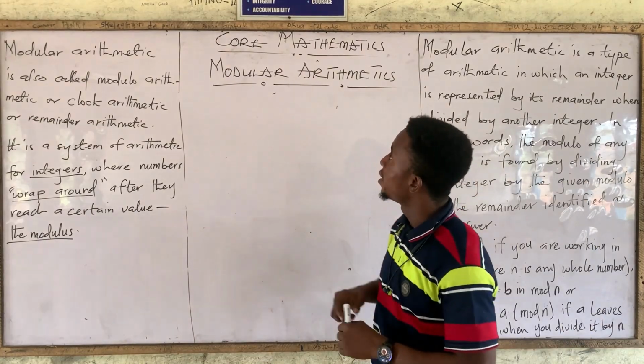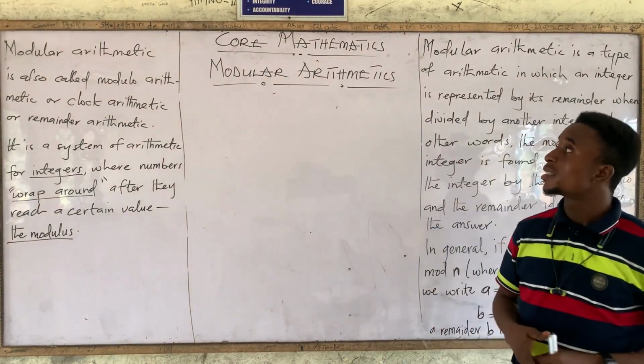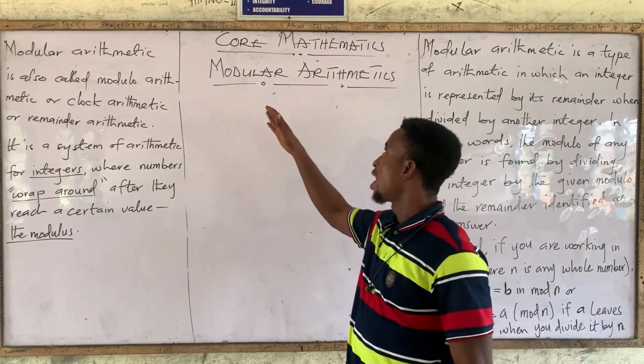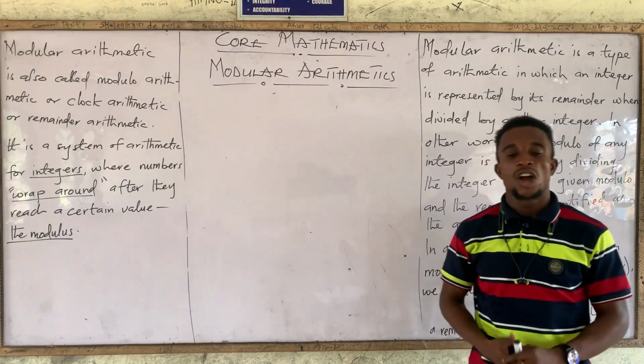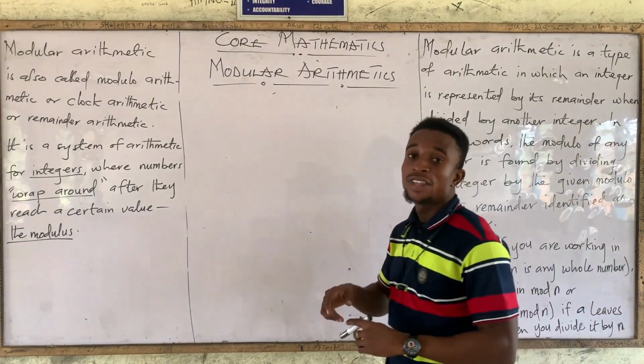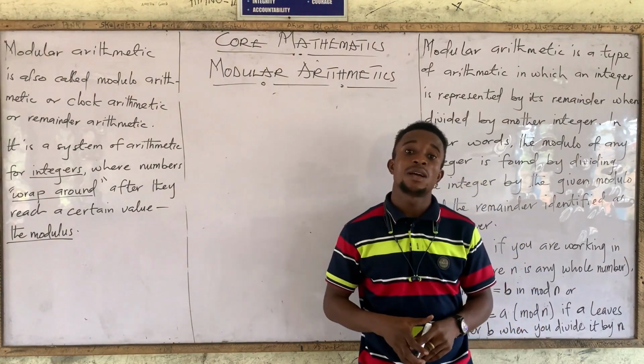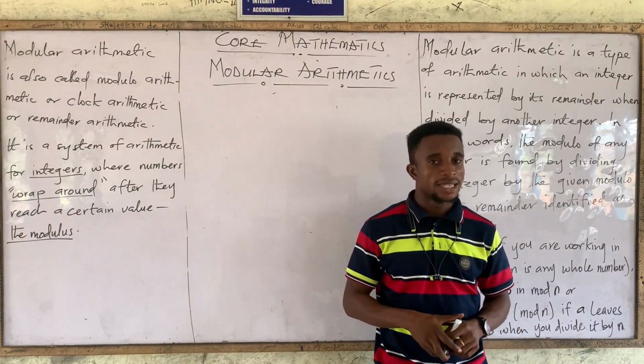In today's lesson, we are going to be looking at modular arithmetic. By the end of this unit, you are supposed to know and understand what a modular is. Are we getting that?